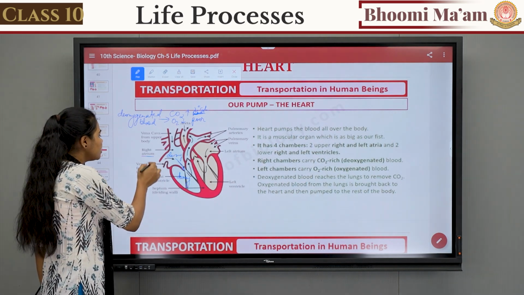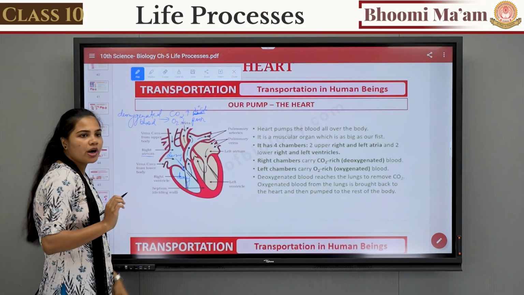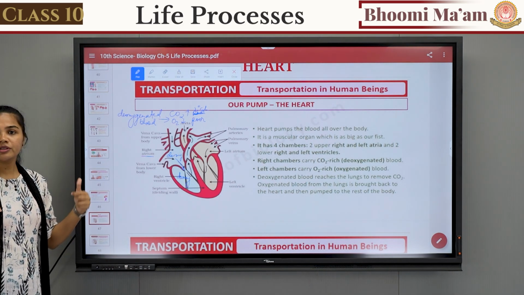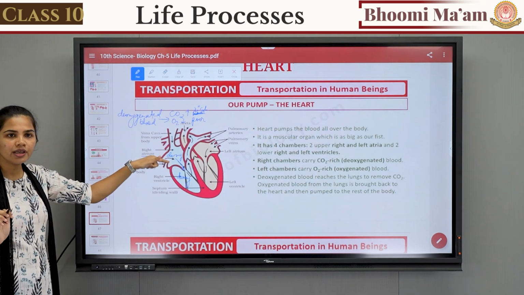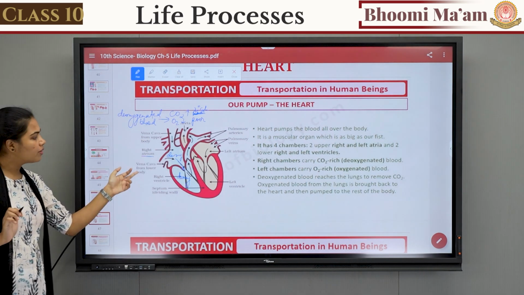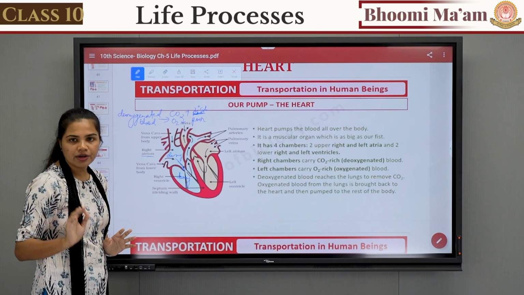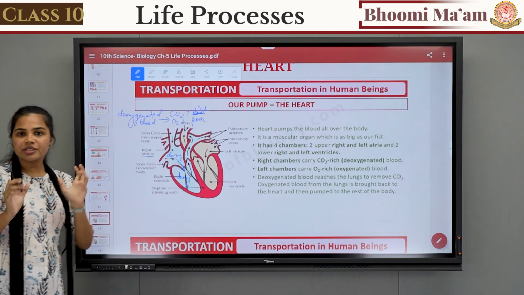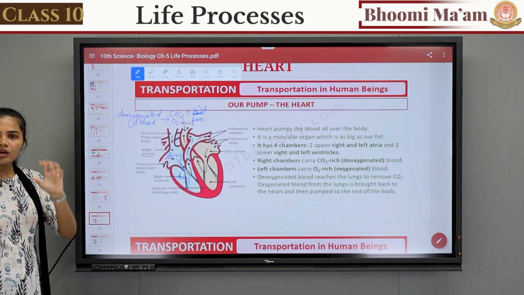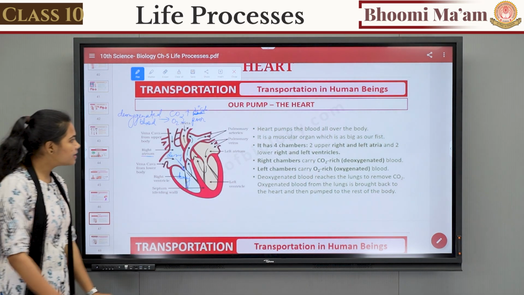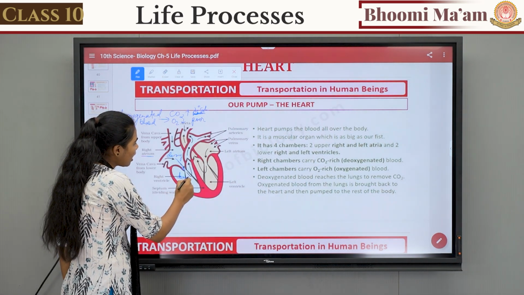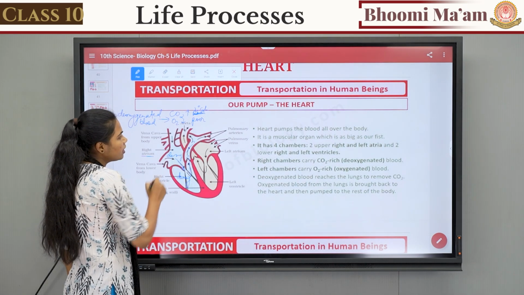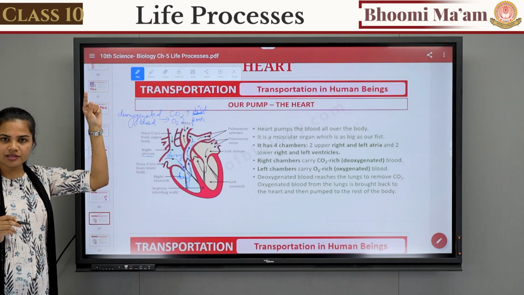And then the vena cava from the lower body part also brings deoxygenated blood only towards the right atrium, and it will give it to the right ventricle. Now as this right ventricle receives the blood, it will get contracted, and as it contracts, it will pass the blood further to the lungs, right?